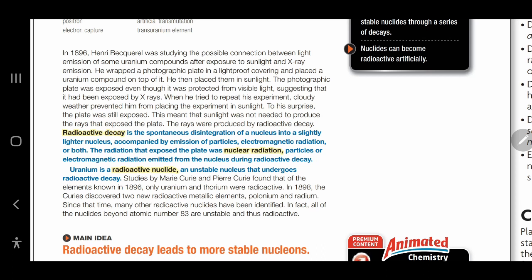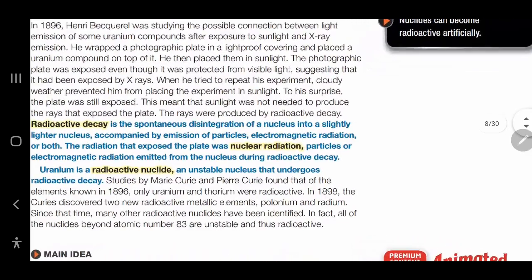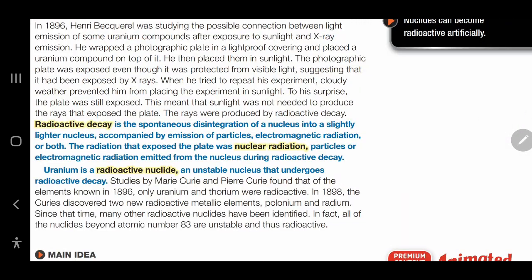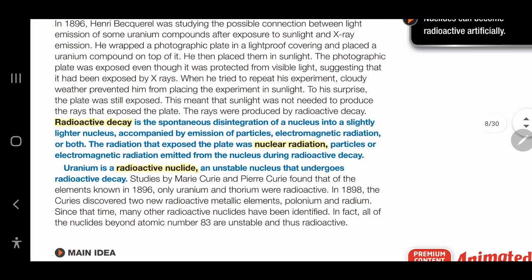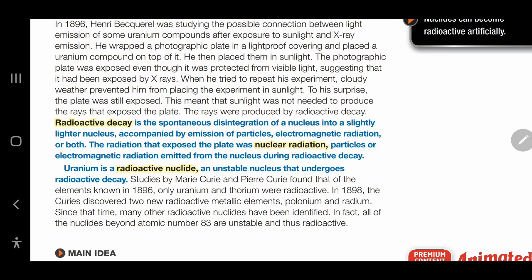As we said also before, that could happen through radioactive decay, which is spontaneous disintegration of a nucleus into a slightly lighter nucleus, accompanied by emission of particles or electromagnetic radiation or both together. And this radiation that exposed the plate was nuclear radiation, which is particles or electromagnetic radiation emitted from the nucleus during radioactive decay.